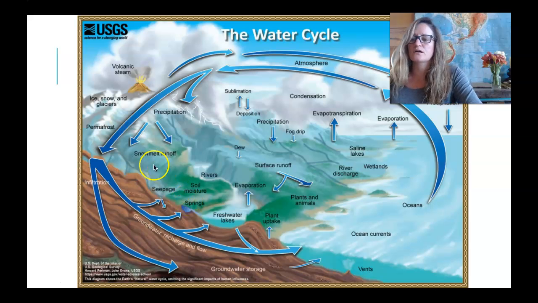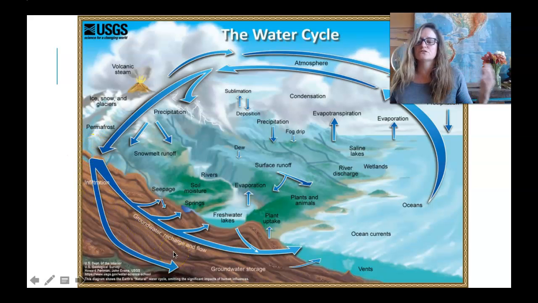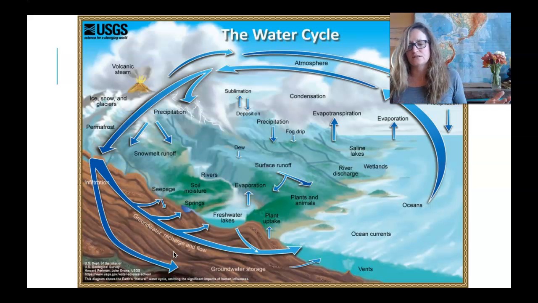Some groundwater gets a little deeper and becomes part of the regional groundwater storage as part of an aquifer system. All of that water eventually flows down to either, in this case, the ocean or maybe a terminal lake. So that is how groundwater fits into the water cycle.